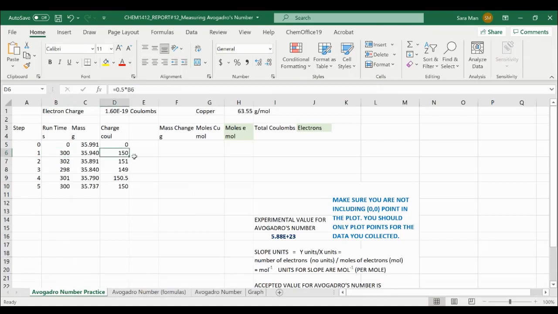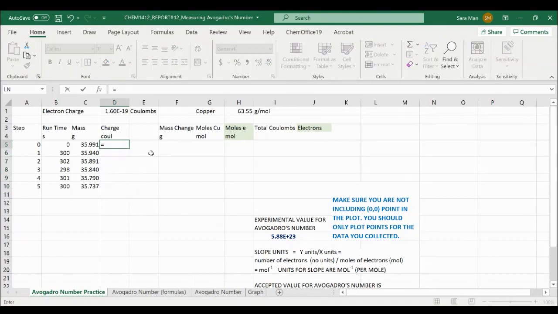When I click here, you will see the formula. Basically, what I do, let's erase it. So how you calculate it, you do equal 0.5, then to multiply, we do shift and then the number 8. That little thing is the symbol that we use for multiplication. And then we have to multiply by the time.